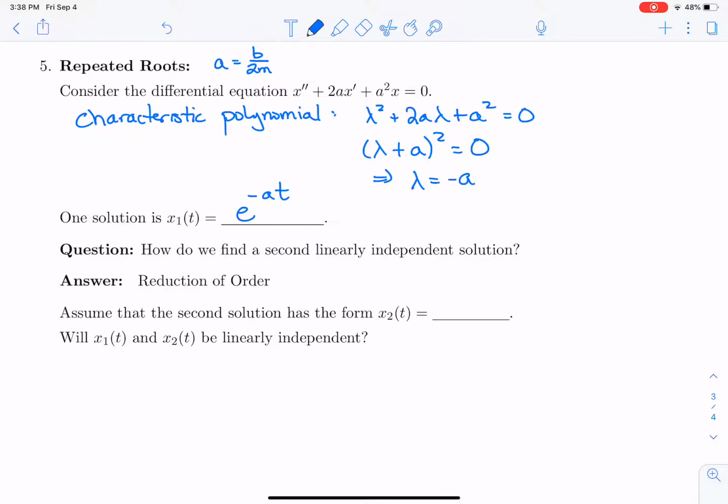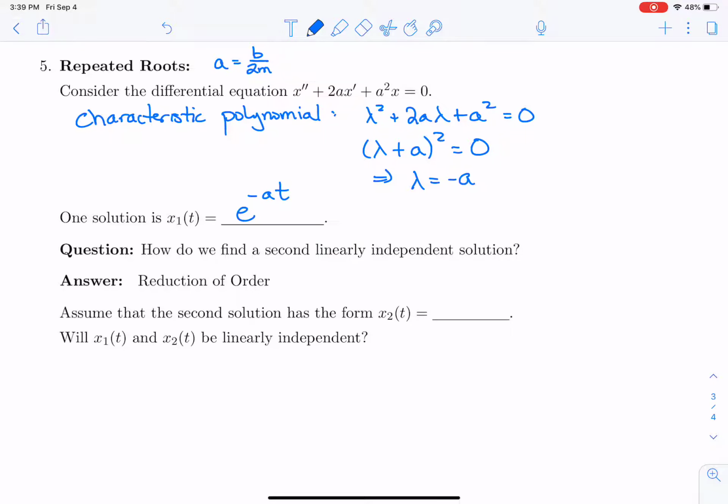But I need a second linearly independent solution. I need to figure out some other solution to this problem that will be linearly independent from e to the minus at so that I can span the entire space. Well, how do I find that? I'm going to use a technique called reduction of order.